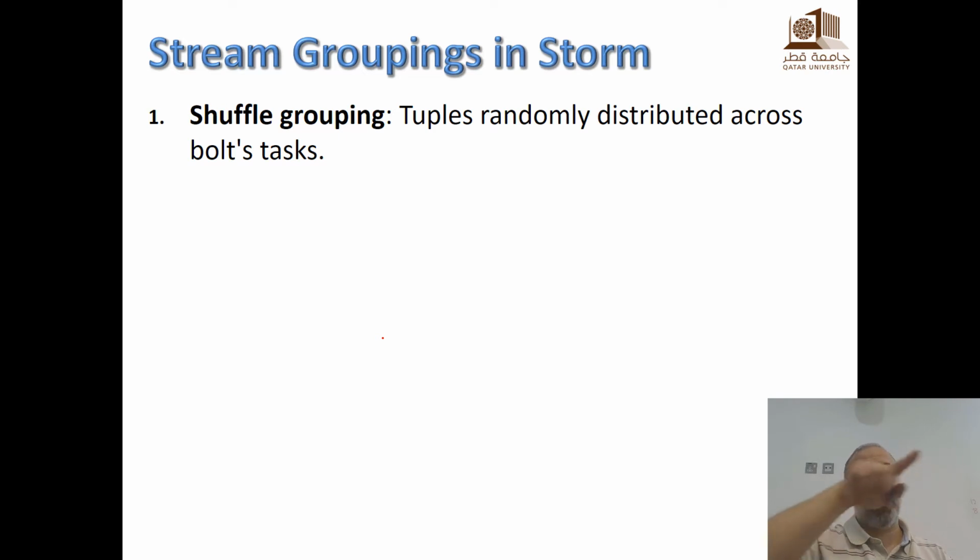We have one between the spout and the first bolt, and another between the second and third, right? Grouping is for each edge in the topology; we have a type of grouping. Shuffle grouping, will that benefit us in each of these? For the first one, between the spout and the bolt, we don't care, so random is fine.